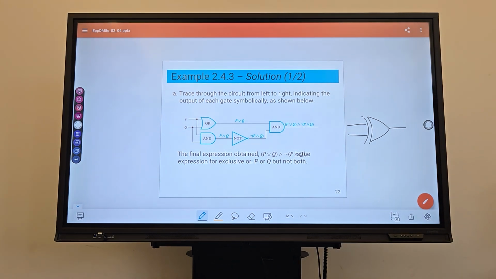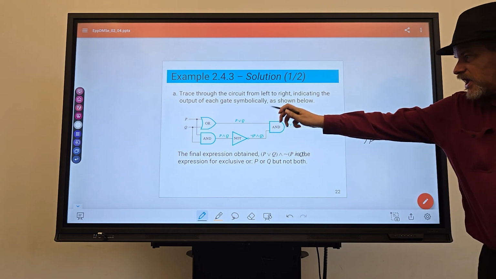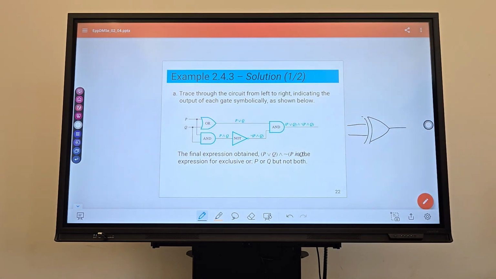So this is an implementation of the exclusive OR. I didn't show this on that table I gave last week with the various symbols used in different disciplines.